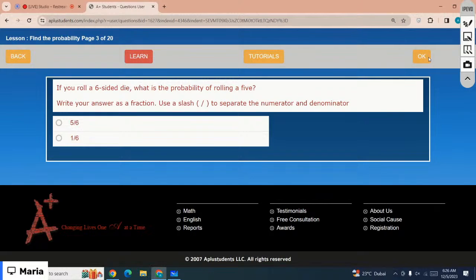The probability of getting a 5 is, yes, 1 out of 6, right? You have total 6 outcomes, and only one of them is 5. So that would be 1 out of 6. The correct option is 1 out of 6.